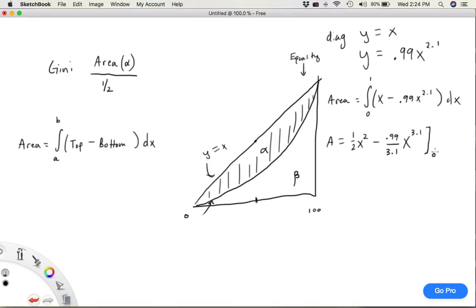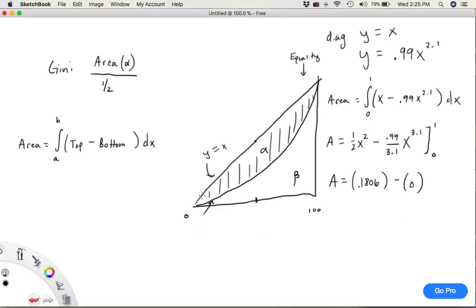Then we evaluate that at 0, and we evaluate that at 1, take the difference. After you do the calculation, when you plug in 1, you should get 0.1806. And when you plug in 0, you should just get 0.